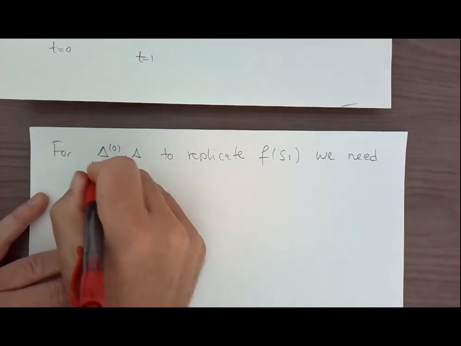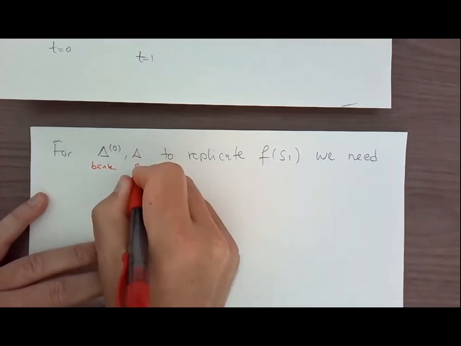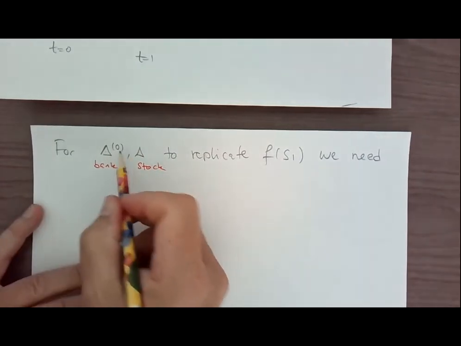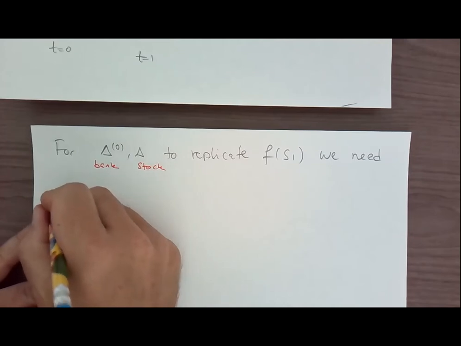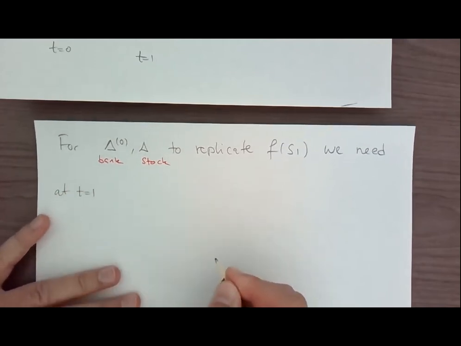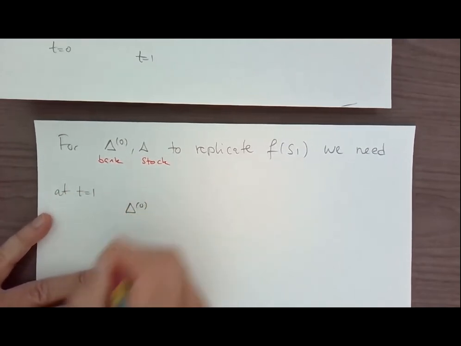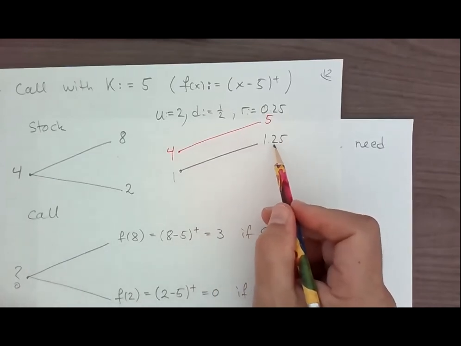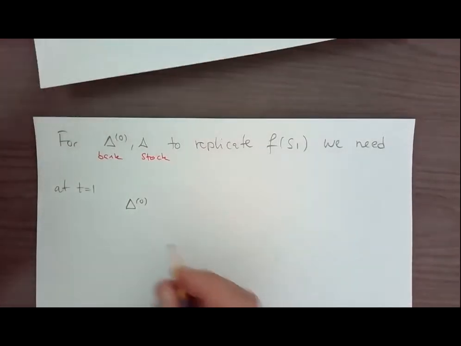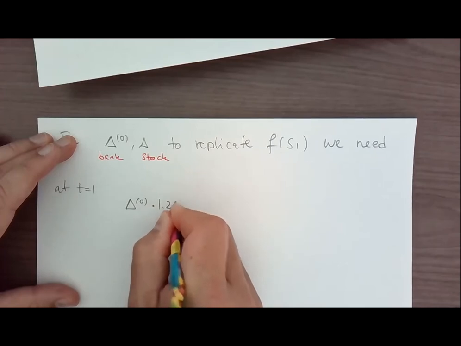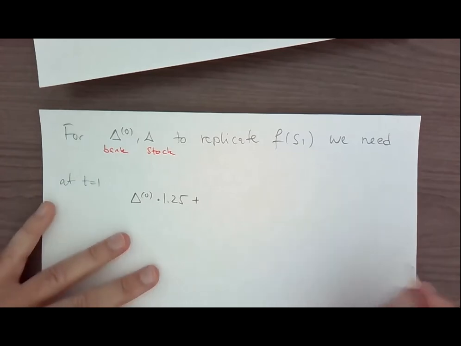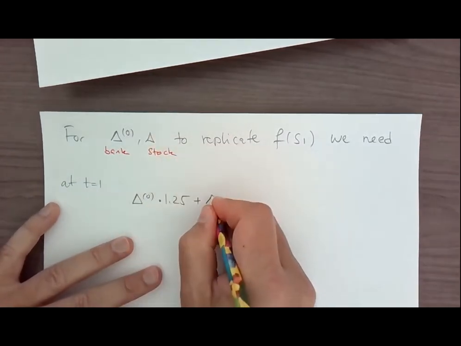This here was the bank, and this one here was the stock. If I hold delta 0 units of the bank, then at time 1, I'll have the units in the bank times the bank price. The bank price was 1.25. And I also hold delta units of the stock.